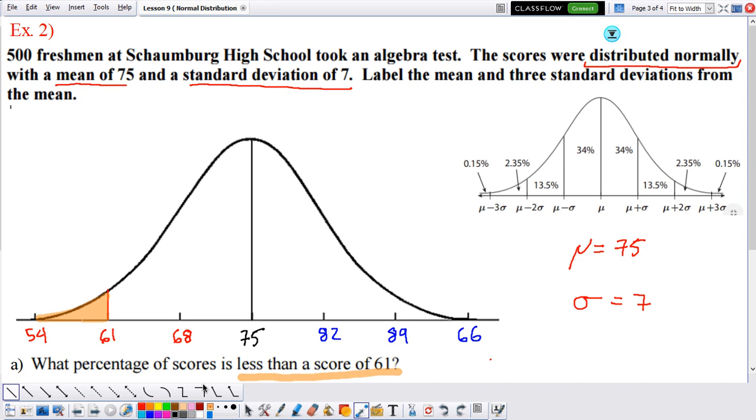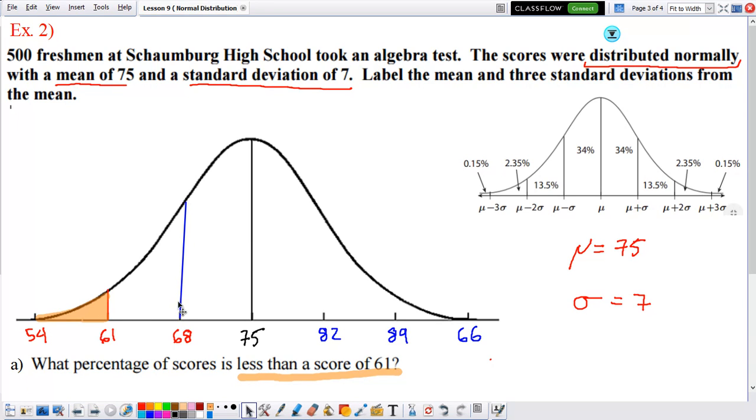Well, one thing that helps me is to just label the whole graph, at least from the left side, since we're only working with the left side. So once we have this labeled, let's just plug in the values here. You know that the first section is 34. You know that your next section has a value of 13.5.